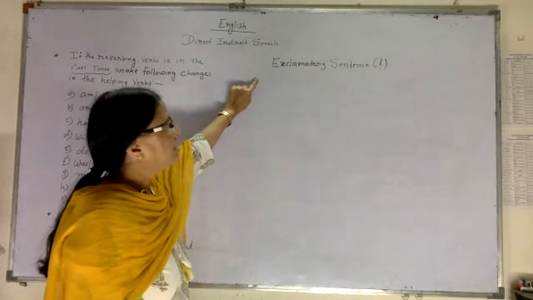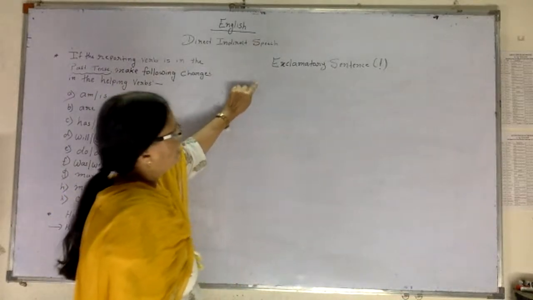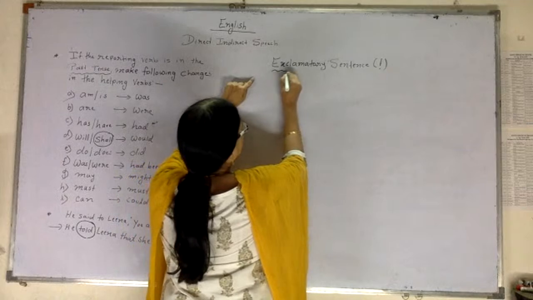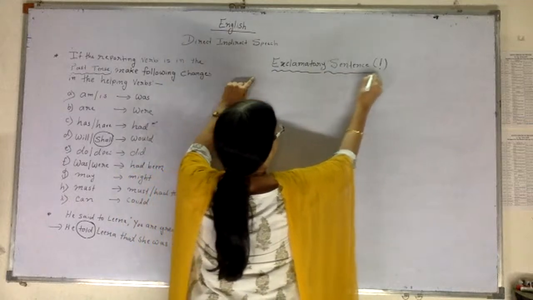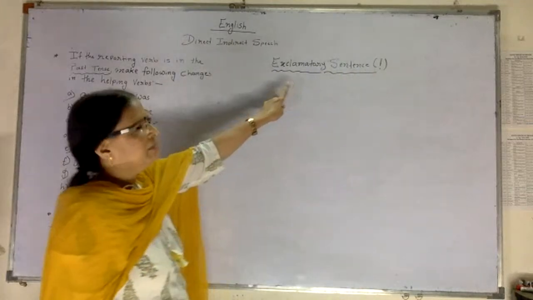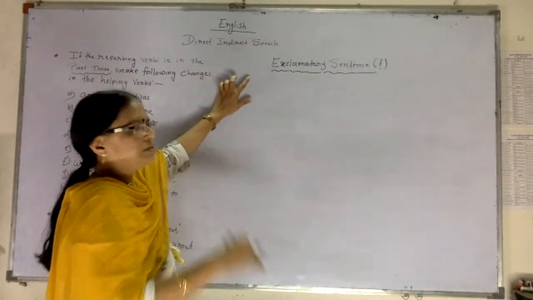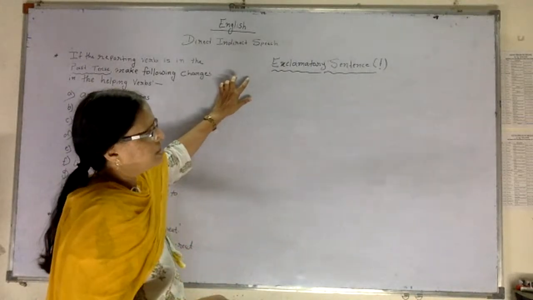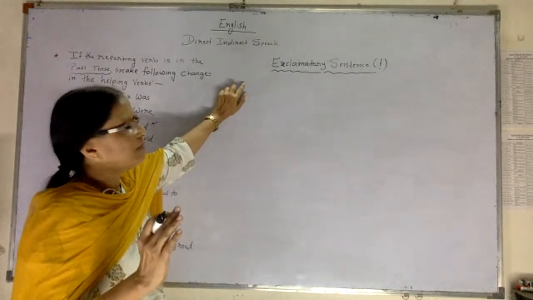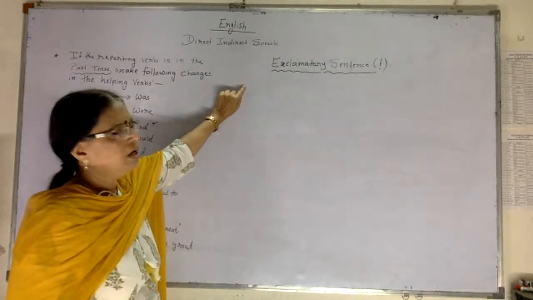An interrogative sentence always ends with the question mark. In the same way, an exclamatory sentence always consists of the exclamation mark. Now here see, it expresses feelings, it expresses emotions. There are different types of feelings and different types of emotion.